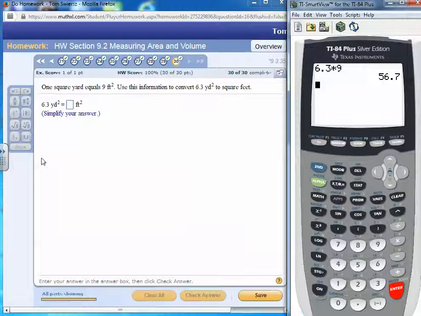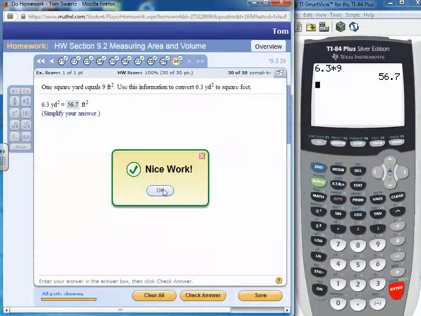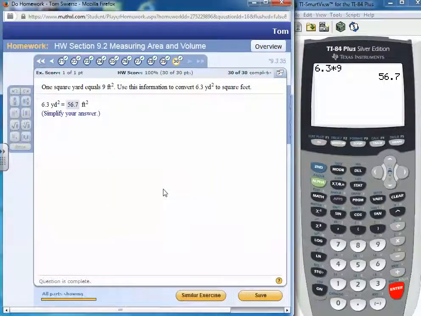And again, simplify is kind of ambiguous here. Just put in all your decimals. Whatever you get, copy the number. Simplify usually means don't round off. In my case, it was only 1 decimal, so it marked it correct.